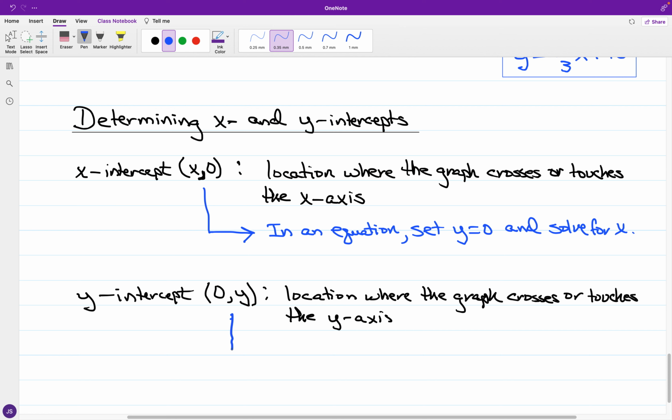The general coordinates are (0, y), and in terms of specifying the y values, we're taking turns along the lines of what to set to 0 and what to solve for. So in an equation, this time we'll set x equal to 0 and solve for y.